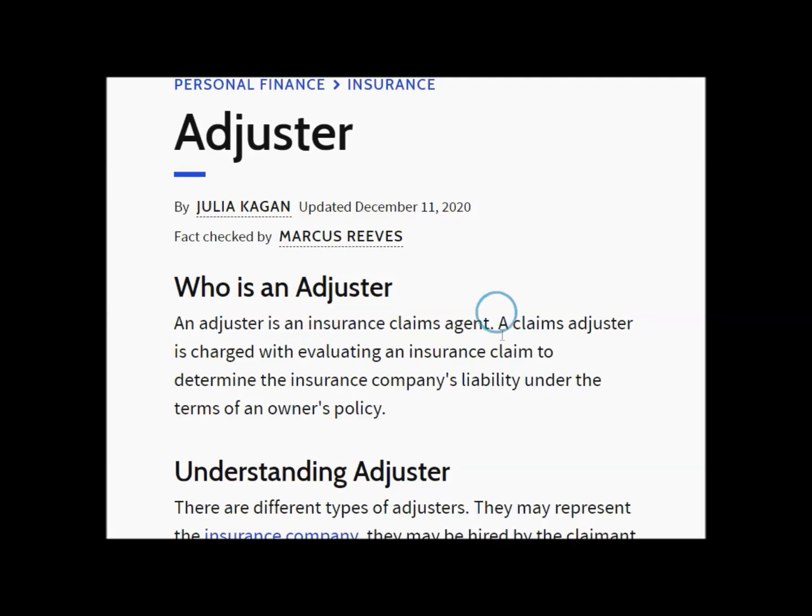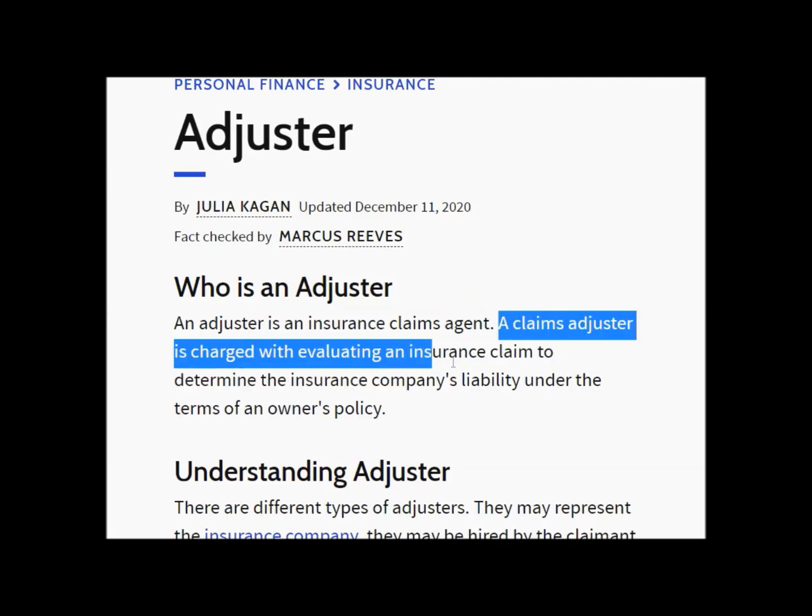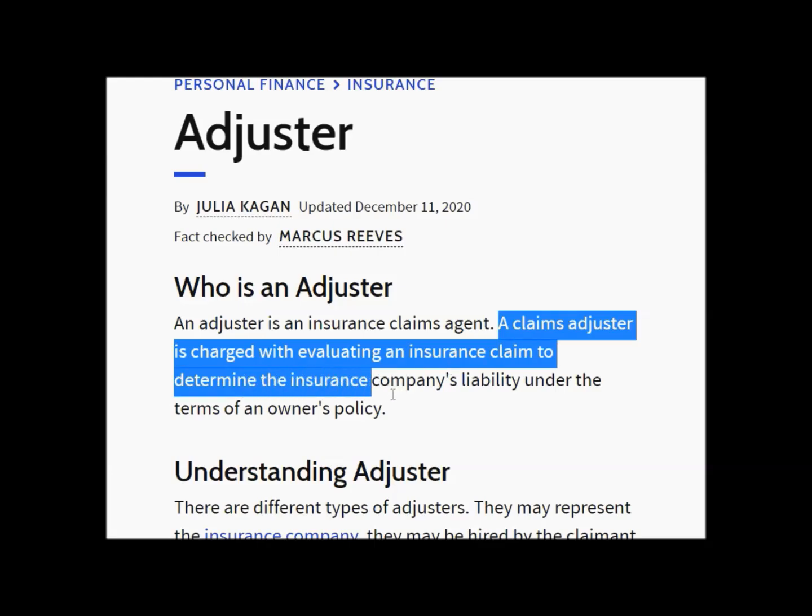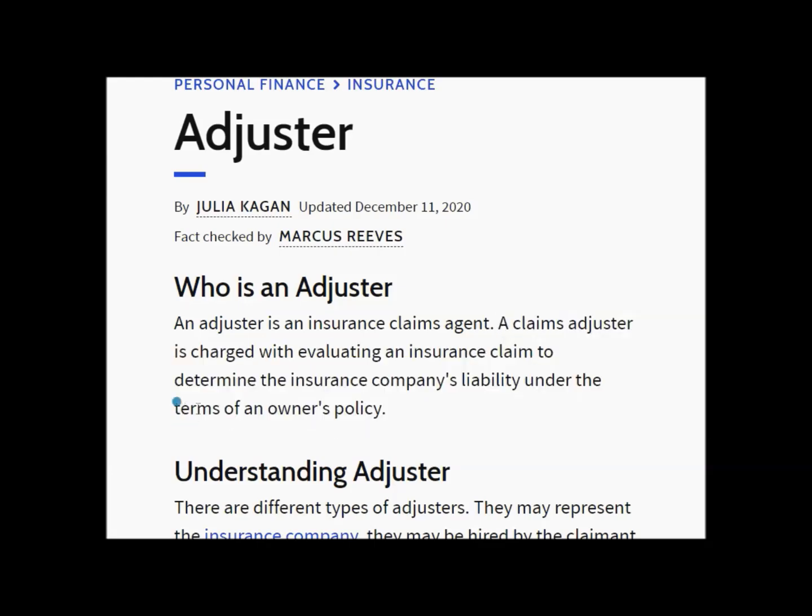A claim adjuster is charged with evaluating an insurance claim to determine the insurance company's liability under the terms of its owner's policy. Liability. This is the key word here. I always say this. Liability compels performance. If you cannot demonstrate one way of liability, they will not do anything. Value also compels performance. But in this case, liability.